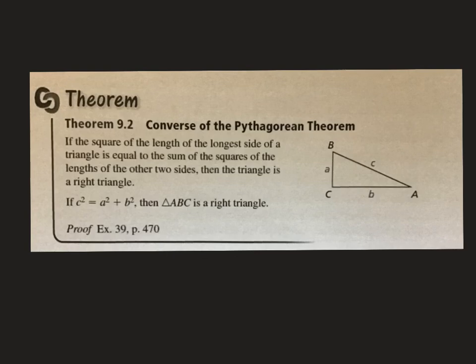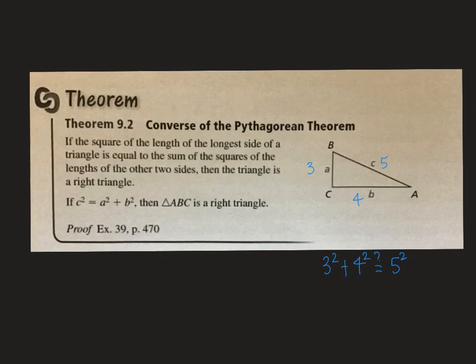So for example, I'm going to just use one of those Pythagorean triples because we already know those are right triangles to show you what I mean. So 3 squared plus 4 squared, is that equal to 5 squared?